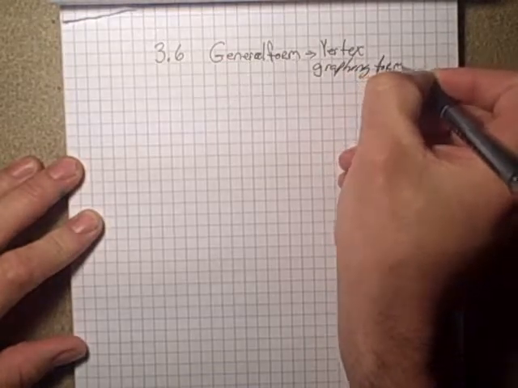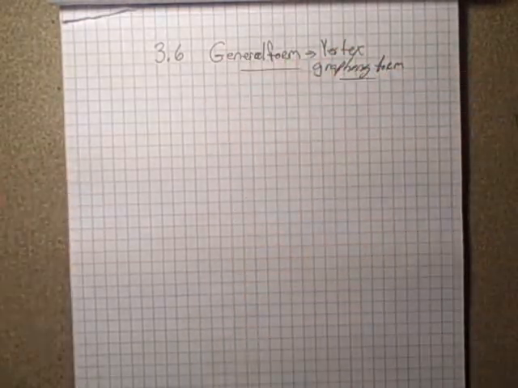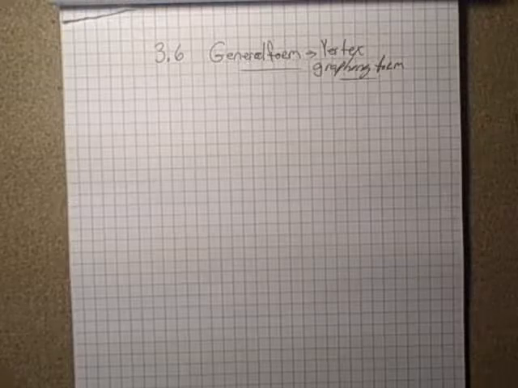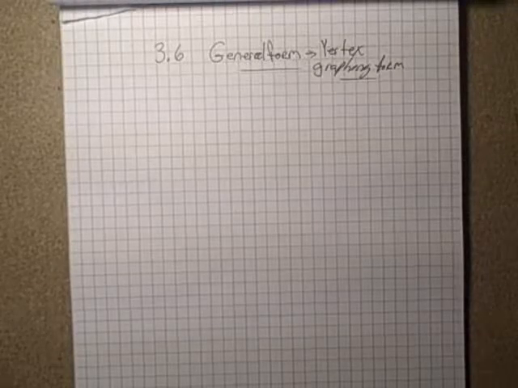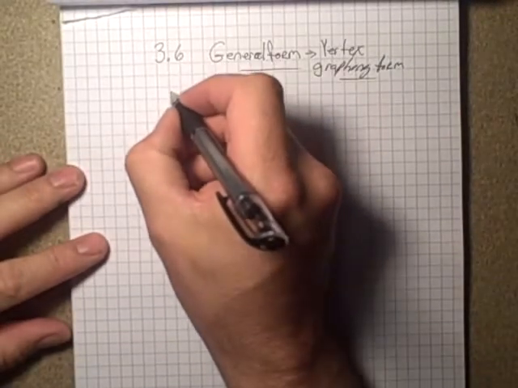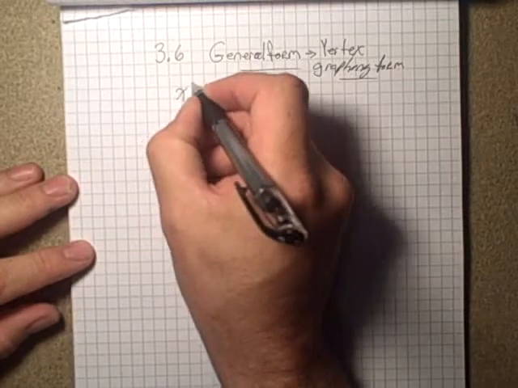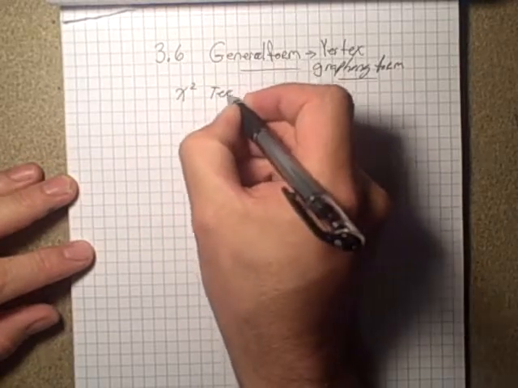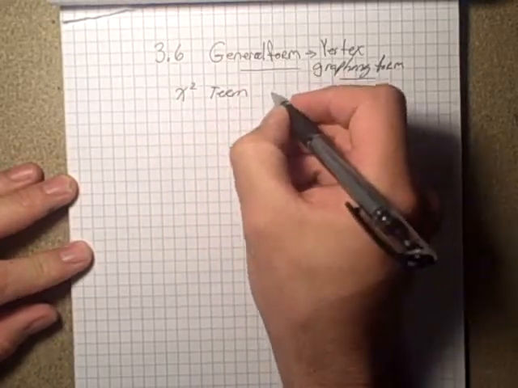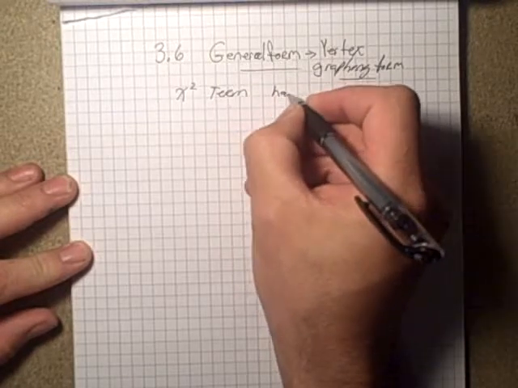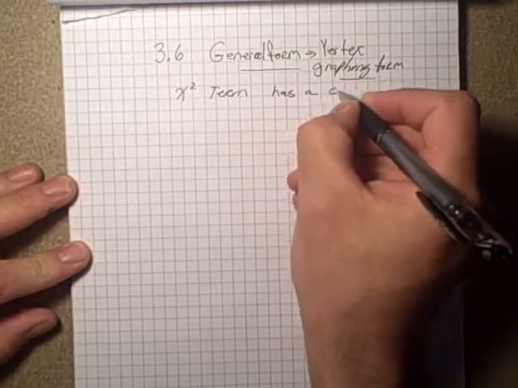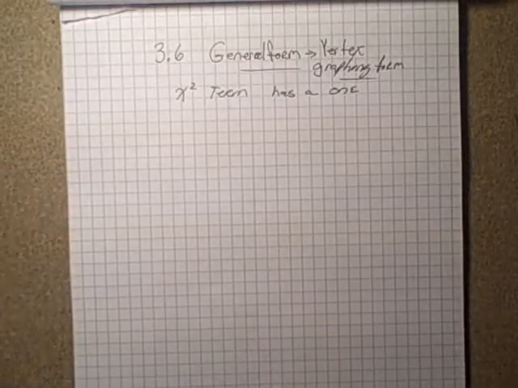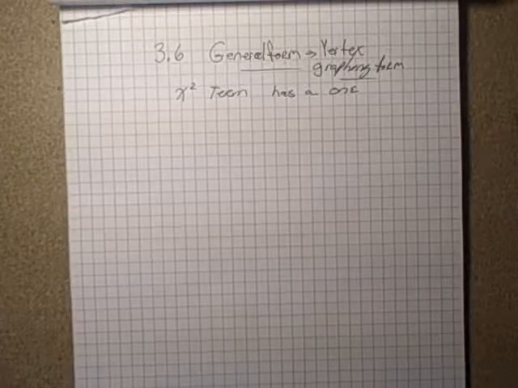We're specifically going to look at a few examples here, but in this tutorial we're going to look at only when the x squared term has a 1 coefficient for it. So this is what we would do.